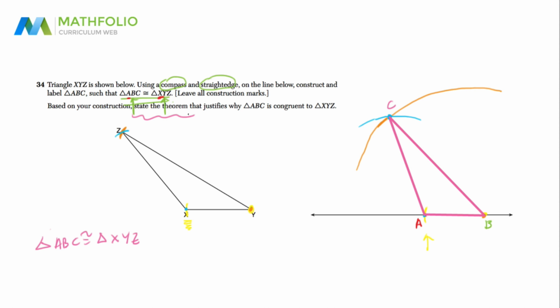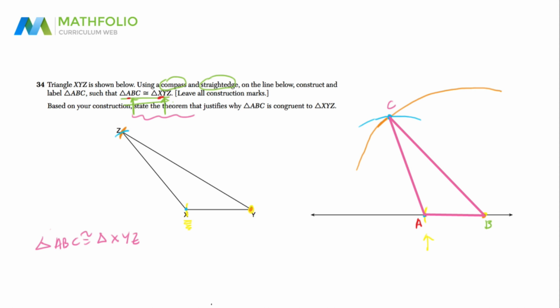and it wants to know, state the theorem. So the theorem, why these two triangles are exactly the same, to do with using the compass, is that all the distances are exactly the same. When I open up the compass for the distance XY and move it for AB, it's the same distance.